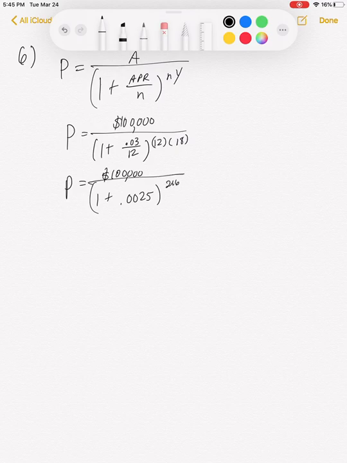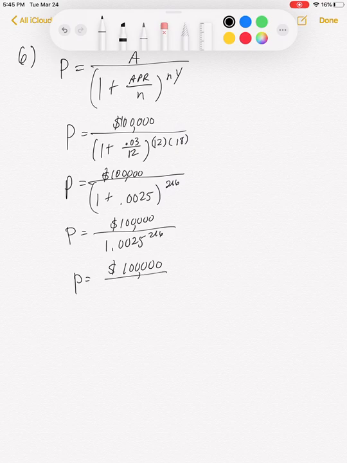Okay, and now let's go ahead and keep going in our simplification. $100,000 divided by 1.0025 to the 216 power, which is the same as $100,000 divided by about 1.1749.